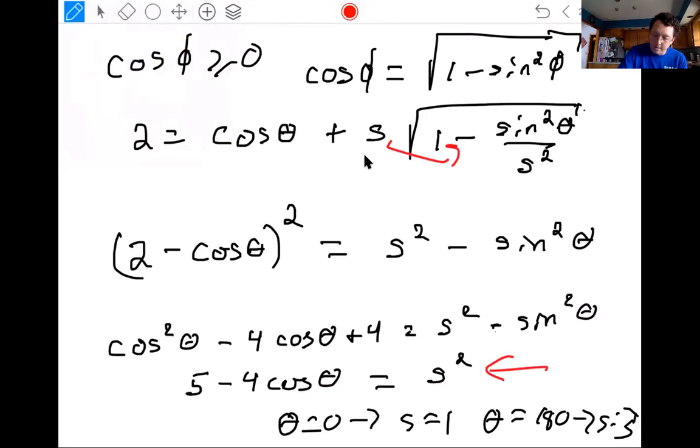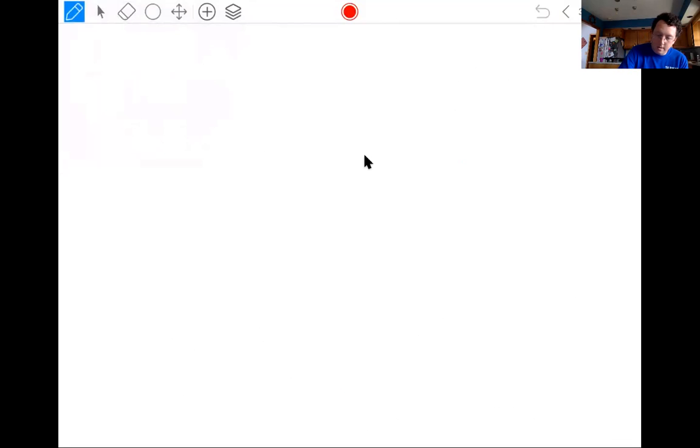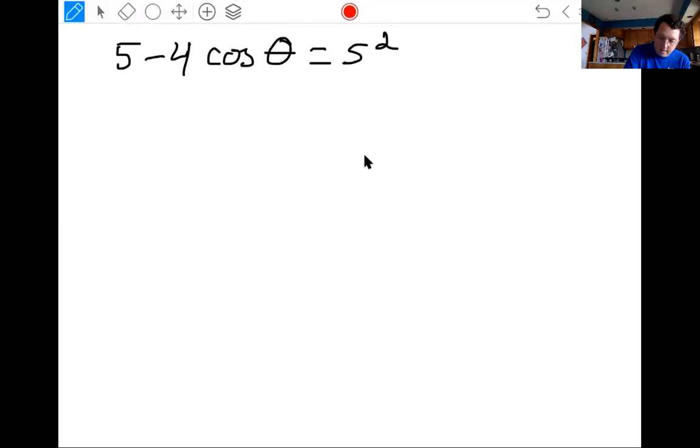Maybe I'll rewrite this on the next page and then take this derivative. So start with 5 minus 4 cosine of theta equals s squared. So now I'm going to take the derivative on both sides.